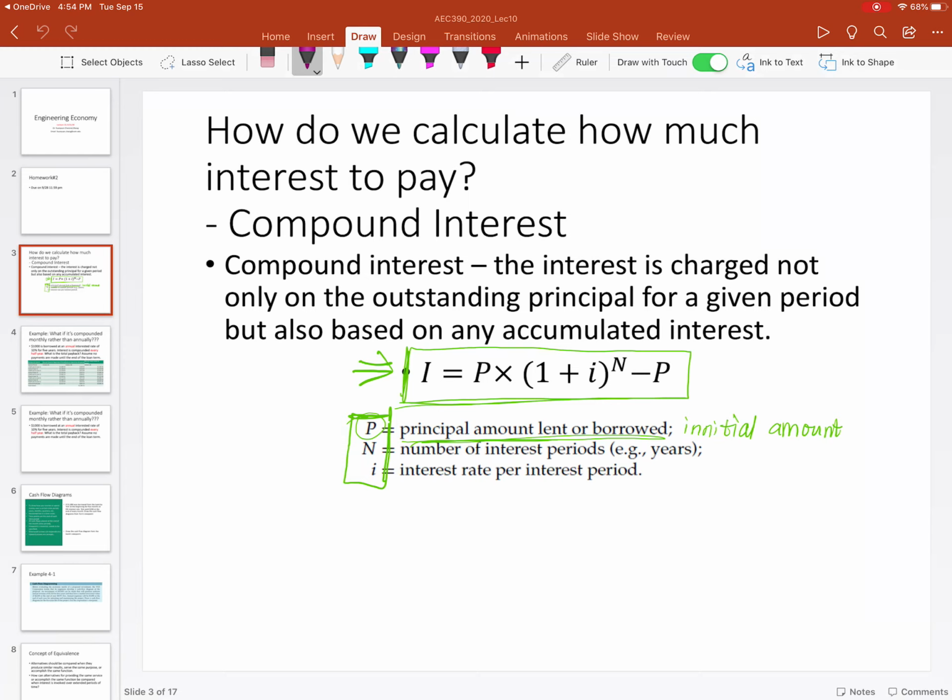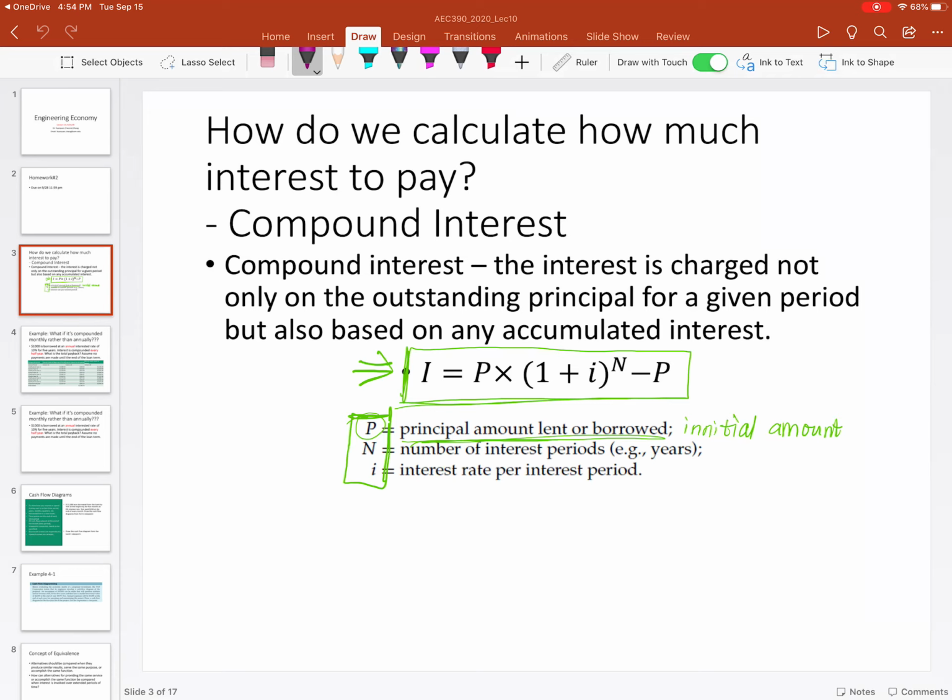But there is another type of interest called compound interest. And this one is more popular and more common actually in daily life. This type of interest means that every time you calculate the interest, you not only consider the initial amount you borrowed at the beginning, but you also need to include all the previous interest in the past interest periods.